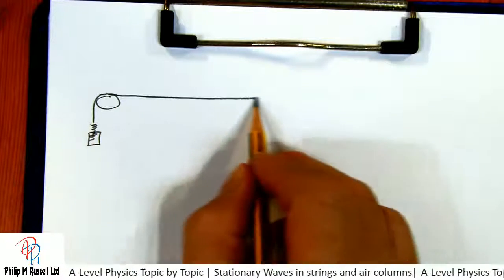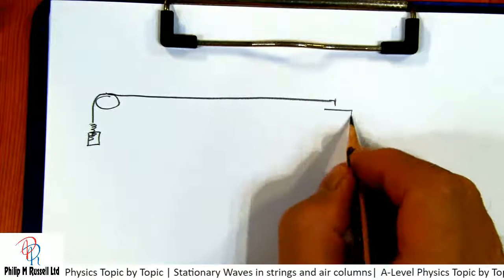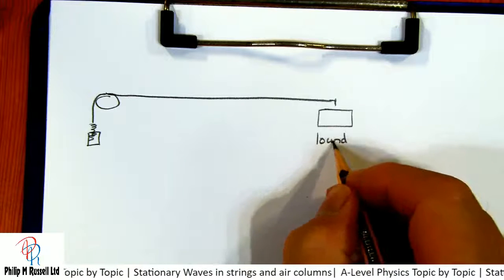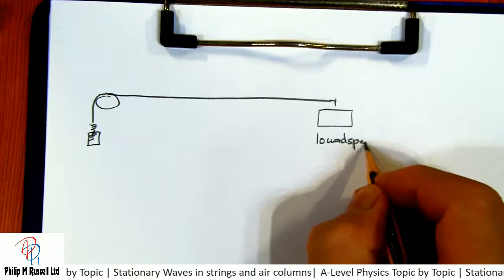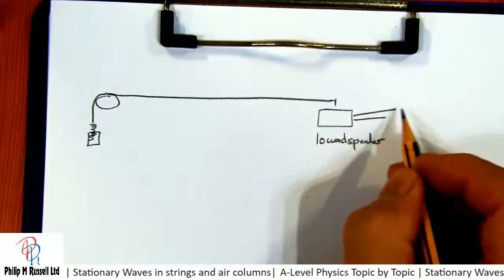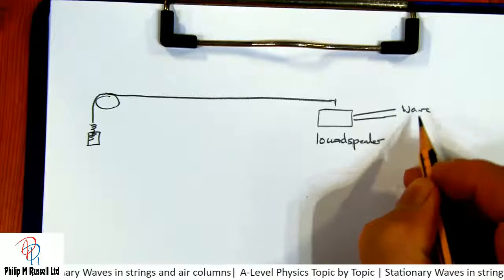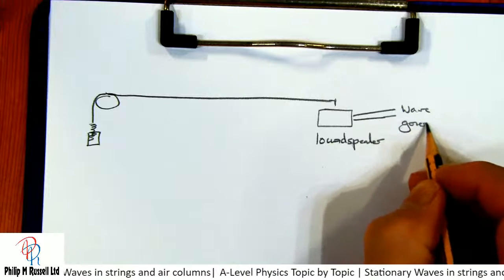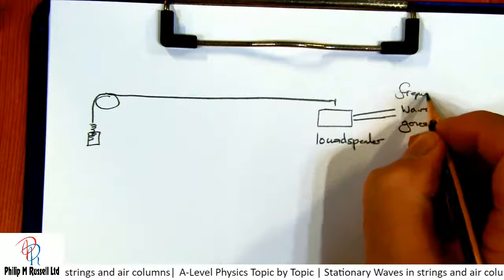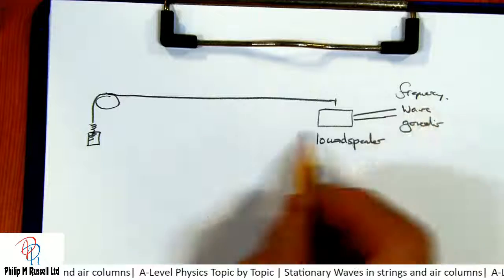We've got a string, and this string is connected to a loudspeaker, and this loudspeaker is in turn connected to a wave generator. So this is going to change the frequency of the wave, so we can wind that up.